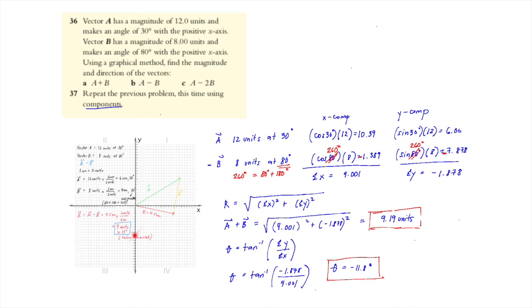So I may write here 13 degrees, but I think it's more on the errors regarding the exactness or preciseness of my graphical method, and that is negative 11.8 degrees. Now take note, that is negative 11.8 degrees below horizontal.